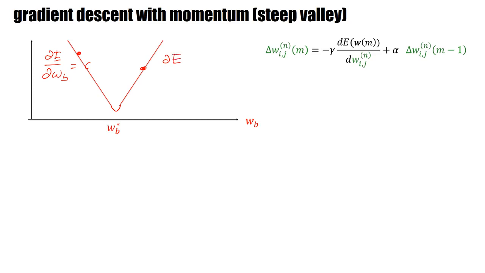But here I have a dE/dWB, which is again a steep slope, but with a different sign. And now you see that we would jump back and forth, and as long as we jump back and forth, we actually decrease the learning rate. So in that case, it does not increase the step size, but the step size gets smaller and smaller.